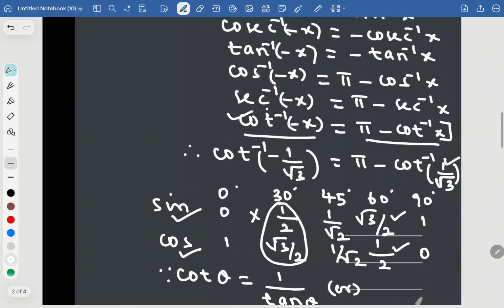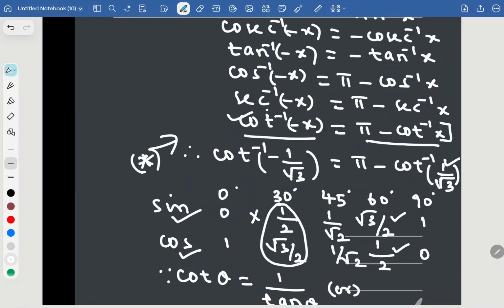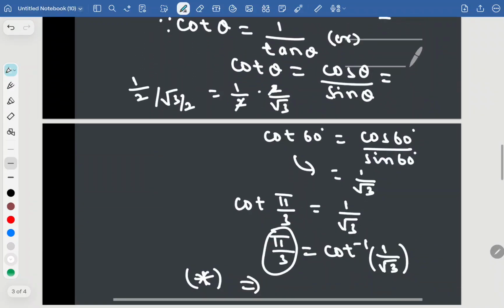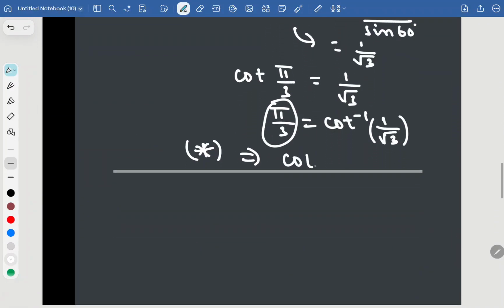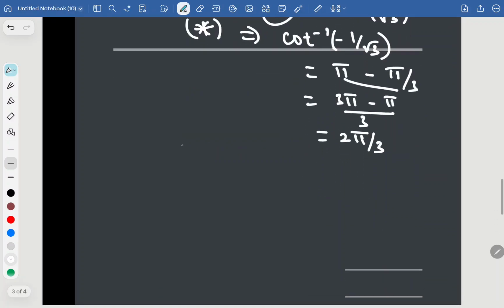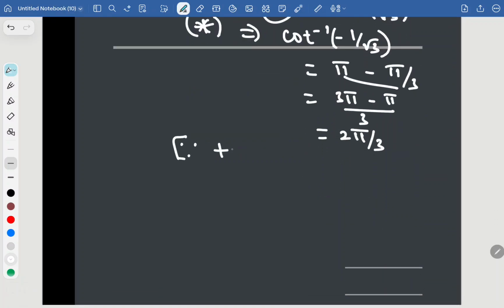Therefore, from this equation, star, cot inverse of minus 1 by root 3 is equal to pi minus pi by 3. Cross multiplying, 3 pi minus pi by 3 is equal to 2 pi by 3.